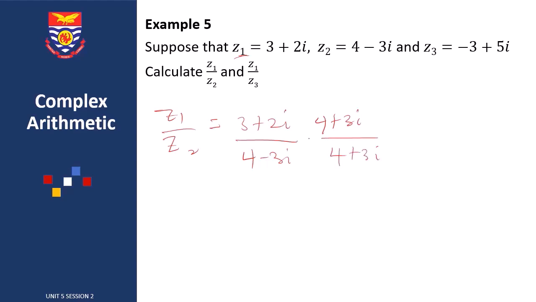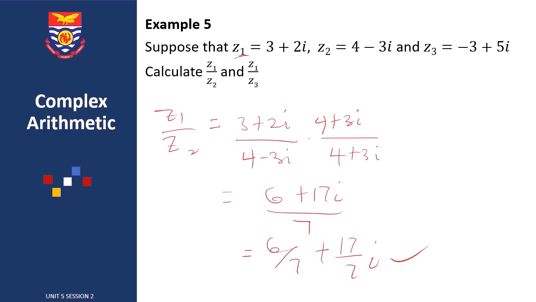Now you simplify further: you get 6 plus 17i. For the denominator, you multiply using the difference of two squares, 4 squared, that's 16, minus 3 squared, so you get 7. So the answer is 6 on 7 plus 17 on 7i. Go ahead and do the rest.